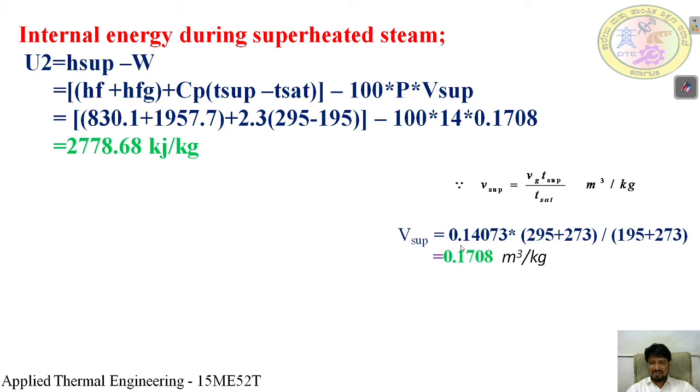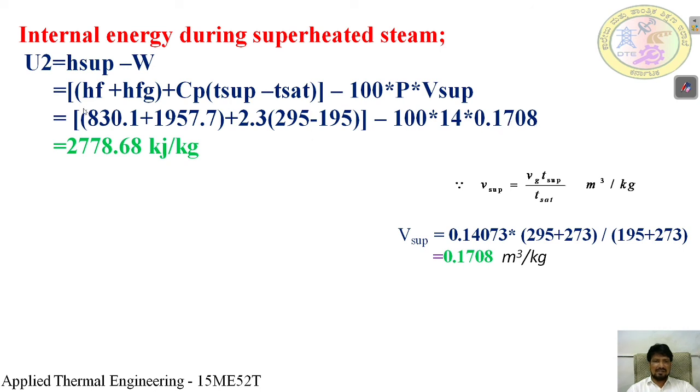Vg value is 0.14073 from the steam table, corresponding to a pressure of 14 bar. Then T of superheated is given as 195 plus 273, divided by T of saturated value from the steam table, we know 195 plus 273. After calculation of this, the volume of superheated you will get is 0.1708. So this value we substitute here, that is V of superheated is 0.1708.